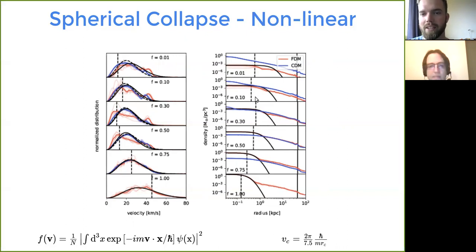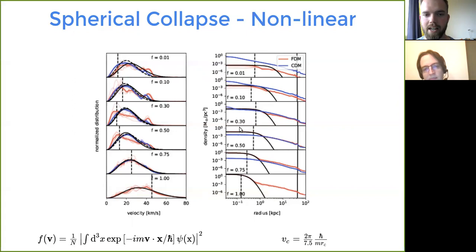So if initially we had, for example, here in the very top, 1% fuzzy dark matter, then also within that fully nonlinear collapsed halo, this initial fraction of 1% is still there. And for example, here for a fraction of 50%, so identical proportions of cold and fuzzy dark matter, we can indeed see that it's basically on top of each other and indistinguishable.